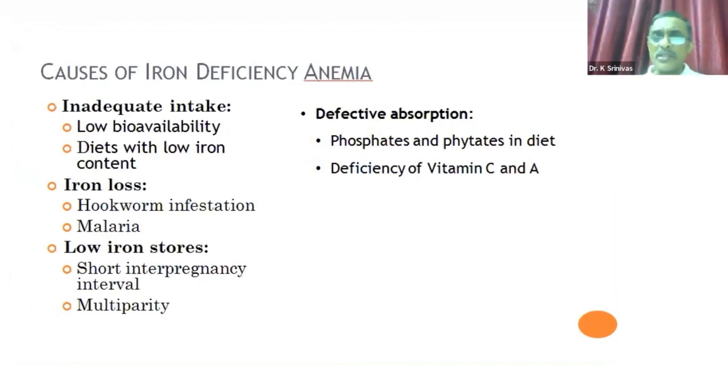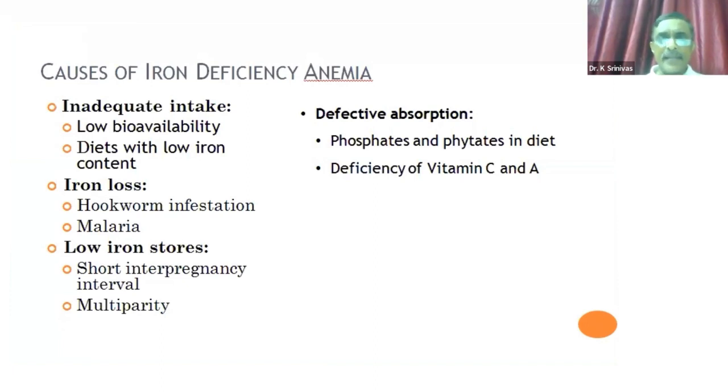So what are the causes for iron deficiency anemia in pregnancy? The most important is inadequate intake, right? Unfortunately, whatever diet that we expect our women to take, or whoever takes for that matter, is not adequate enough to meet the requirement of a pregnant woman of the iron.